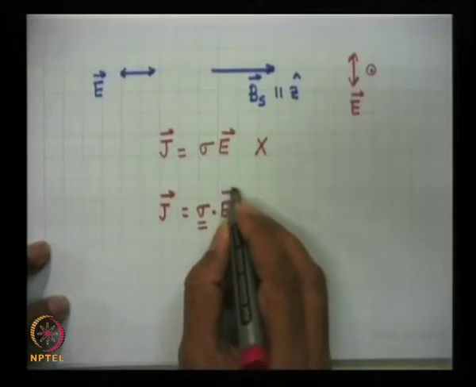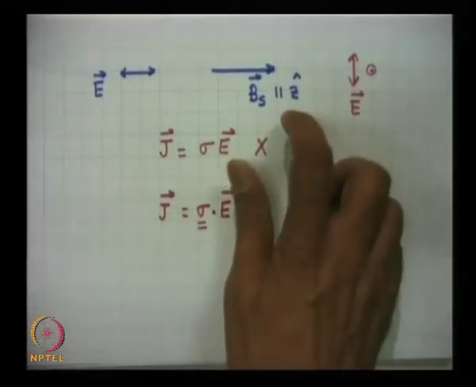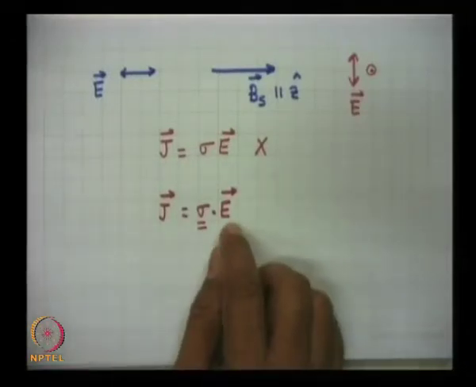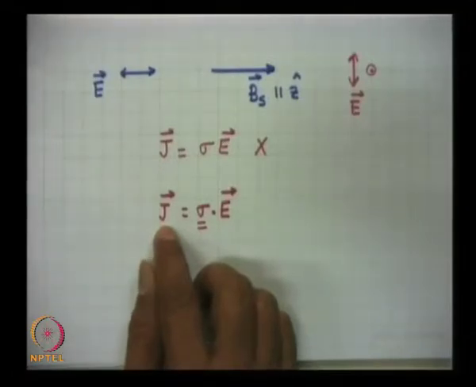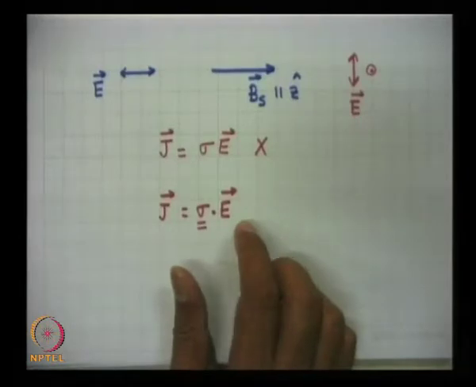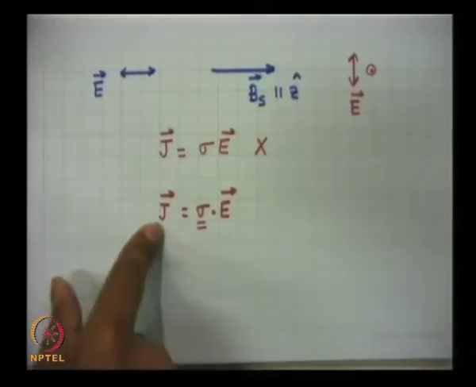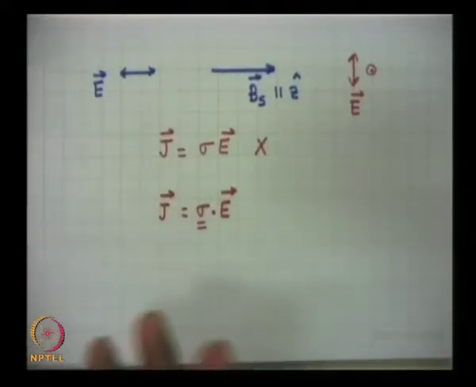We had talked about this in our early lectures, that the plasma response to a magnetic field is such that in general an x component of electric field will produce J not only in the x direction but in y and z directions also, and conversely, current in the x direction is not only produced by E in the x direction but by E y and E z as well.